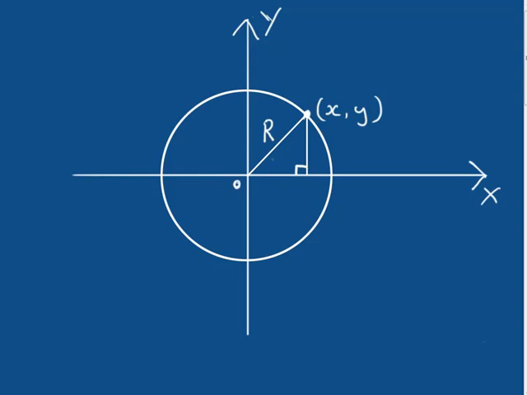The line travelling in x goes from 0 up to our x coordinate, therefore it must be x units long, and the line travelling in y goes from 0 up to our y coordinate, therefore it must be y units long. So we now can see that we have 3 edges of a right-angled triangle.